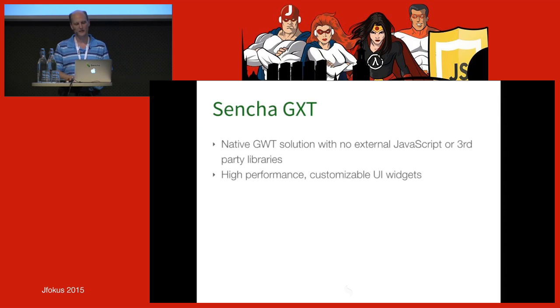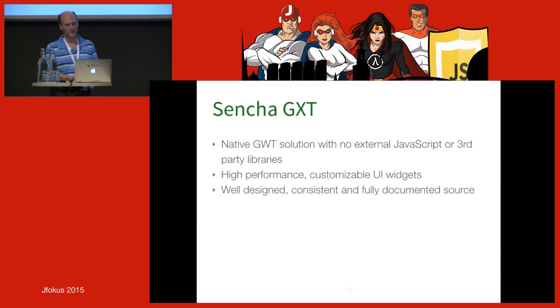It's designed to be high performance and highly customizable. So we're using the flyweight pattern. I'll talk about that a little bit later. It's designed to have a reasonably well-designed and consistent API. There's still a bit of a learning curve, but it is consistent, more or less, with well-documented source. And I'd just like to point out we've been making a lot of improvements recently in this area as well.